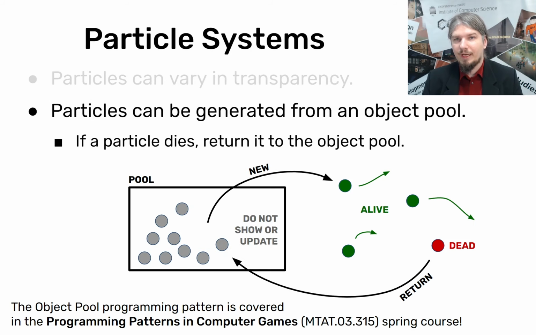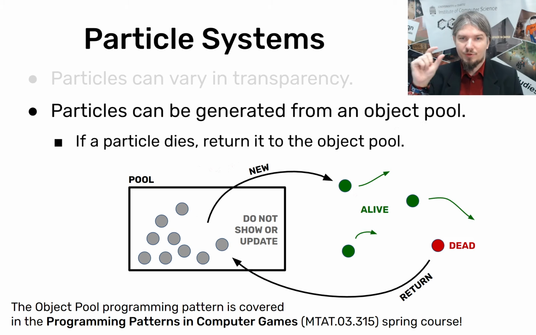Technically, a very good way to implement particle systems is to use an object pool. An object pool is this programming pattern where you initialize a lot of particles that are initially kind of dead or in this pool. And when you need particles, when your particle system activates, then you start taking these particles from the pool. These are already loaded in the memory, but now you're just making them alive.